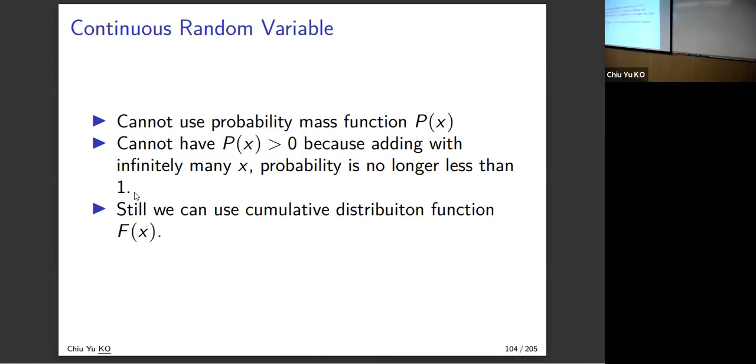If any number had positive probability, you add them up, then it's more than one, so there's no way you can use P. But F is still well defined, because it asks for less than that number, and that's no problem. So when we talk about continuous random variables in our class, we will focus on big F. Just like the discrete is always the big P, the continuous is always the big F.